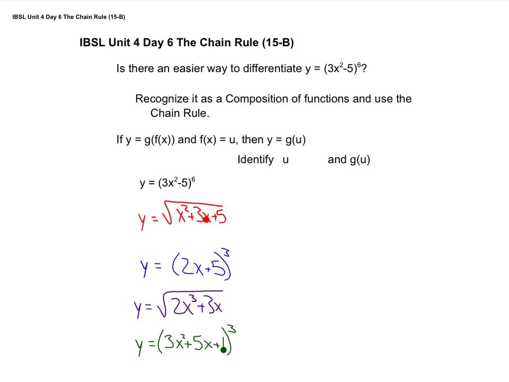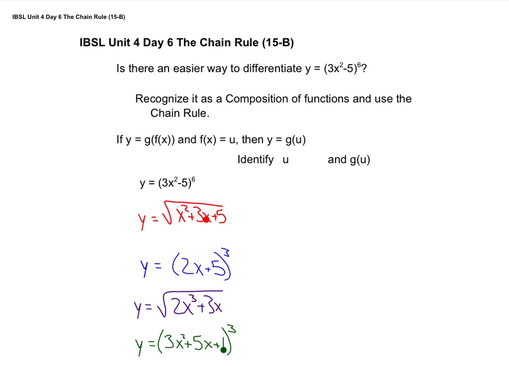The first thing, though, that I want to do before we get into the rule itself is practice decomposing various functions to identify what I like to call the inner function and the outer function. One nice way to identify inner and outer is to think in terms of PEMDAS.